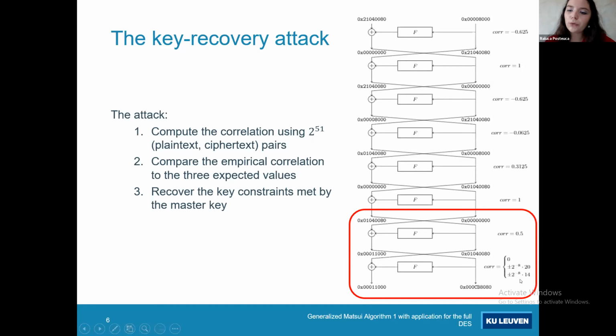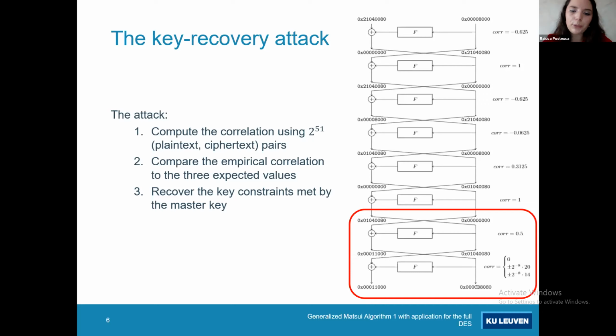Since the correlation can take 3 different values, this means that the keys are divided into 3 different key classes. Therefore, just by observing the value of the correlation, somebody can learn some constraints regarding the key.